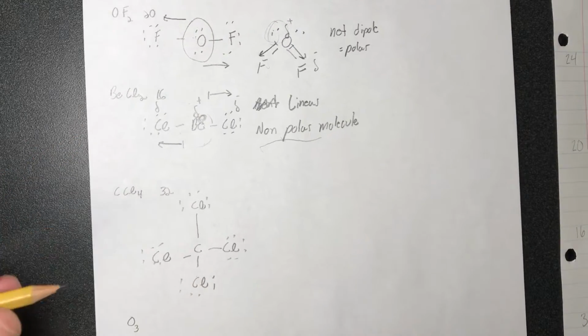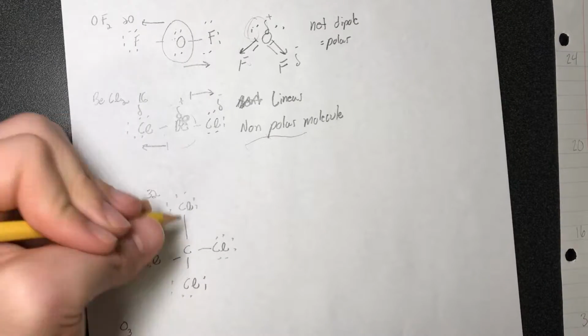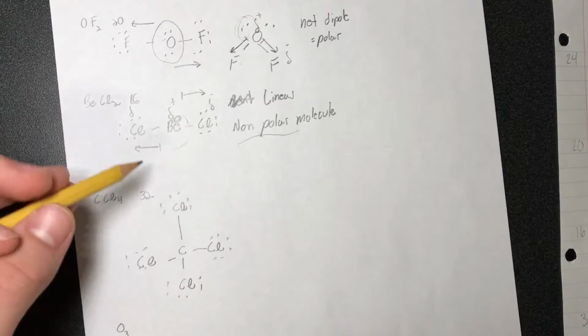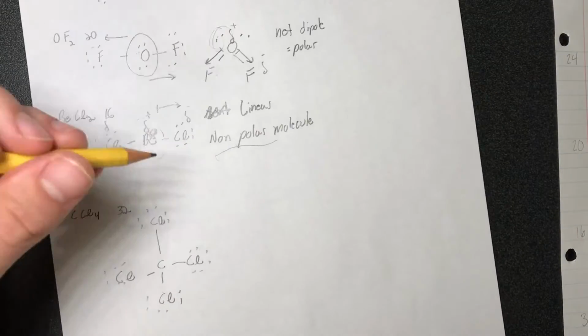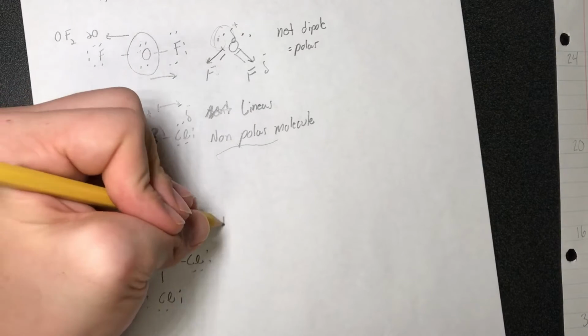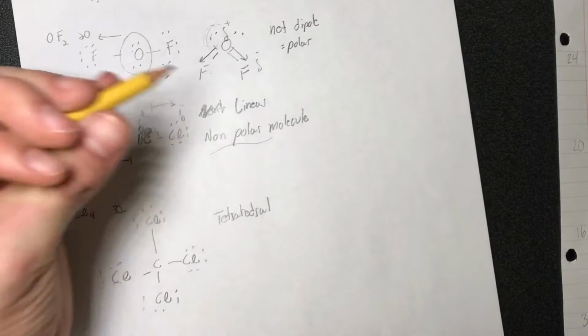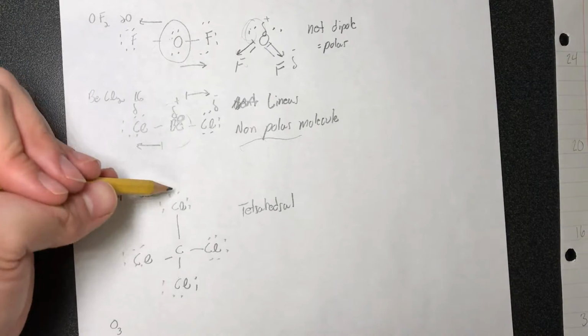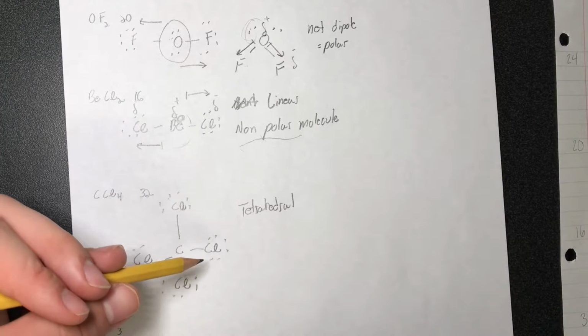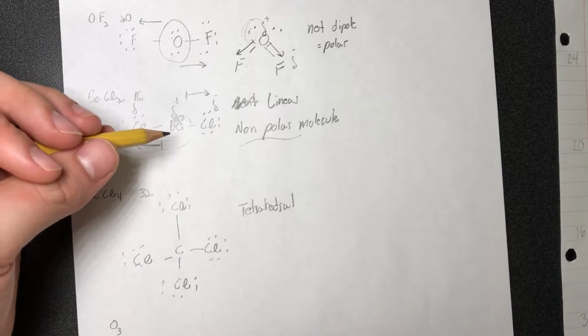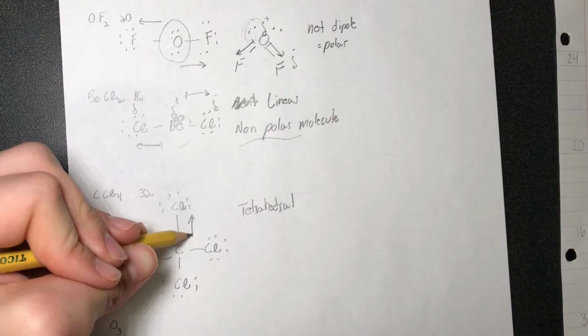We're going to see that all of these angles are the same, and it's going to form a tetrahedral because it's got 4 domains. But what's important about this tetrahedral is all of these chlorine atoms have the same electronegativity, so they're going to have the same dipole moment.